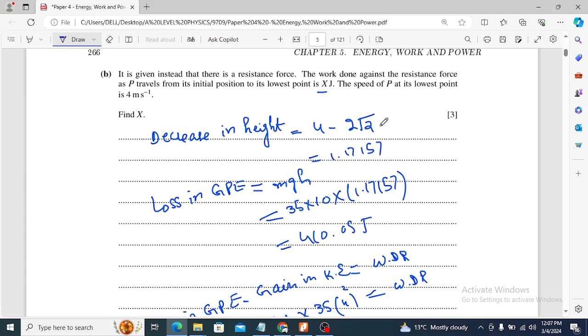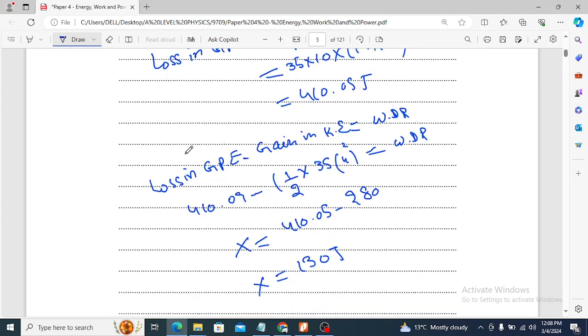So we get the decrease in height, that is 4 minus 2 under root 2, and then I calculated the loss in gravitational potential energy, 410.09 joule. The difference in the mechanical energies is the work done by the resistance. So loss in gravitational potential energy minus gain in kinetic energy is the work done by the resistance. So this was the question.